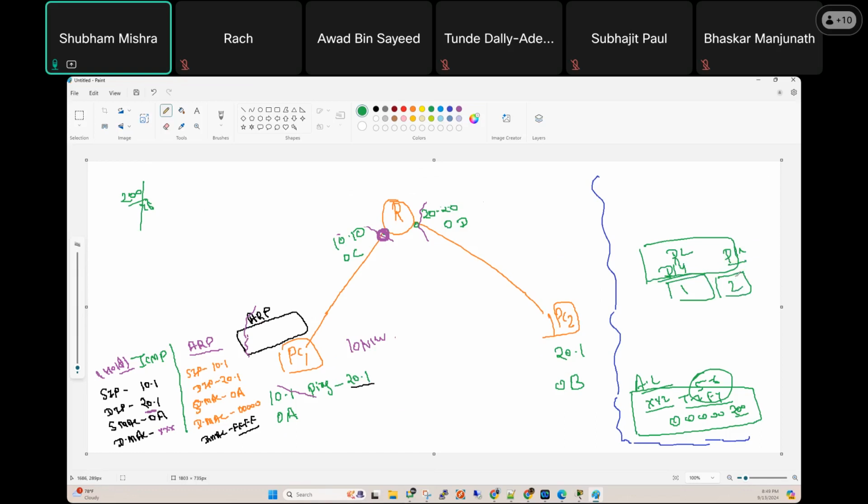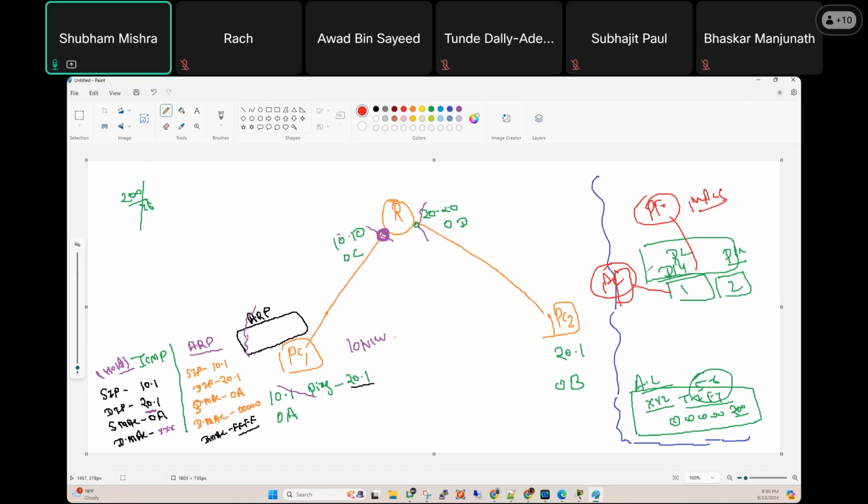If one DR fails, then we have the other DR. And this DR is again connected with the firewall. After that, these two DRs are again connected with another router that is called the PE router. Let's suppose in my company there are multiple branches, Philippines, US, Canada, like this. So for internal communication, we are using MPLS.